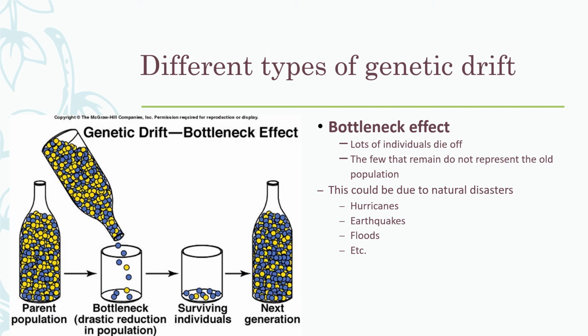So the genetic bottleneck, the image on the left, shows literally a bottle full of marbles, blue and yellow marbles. Because of the shape of the bottle, only a certain number of individuals can pour out very slowly. So the parent population looks about 50-50 yellow and blue. We pour out some of that parent population into a glass, and what's in there will end up being a drastic reduction in population, and then the surviving individuals will go to fill up their own bottle.